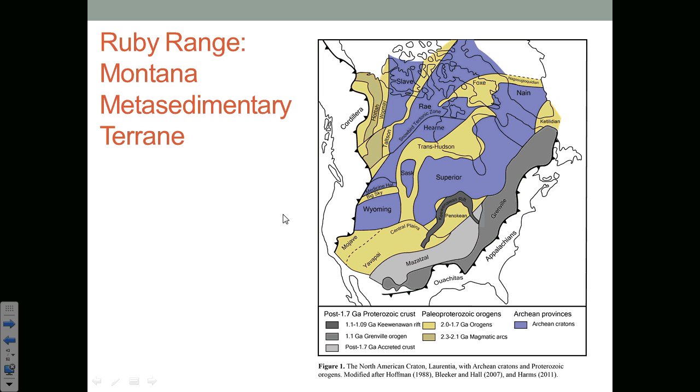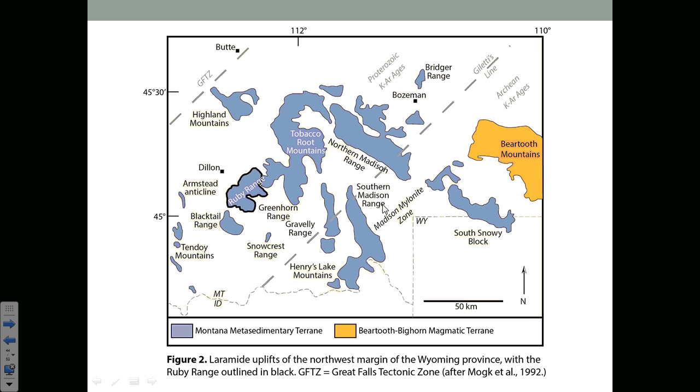And what we're looking at there is the so-called Big Sky orogeny, or some people call it the Trans-Montana orogeny, this collision between the Medicine Hat Block and the Wyoming province that occurred around 1.8 billion years ago. These ranges in southwest Montana, the Tobacco Roots, Ruby, Blacktail, and Greenhorn, have been thought of for decades as Archean crust, as we always just refer to it as the Archean in Montana.